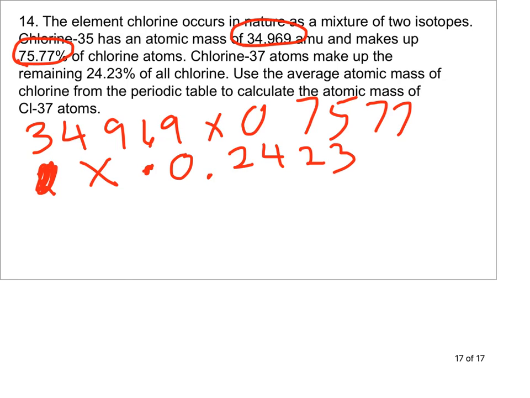We do all this from our periodic table. I find a value for chlorine of 35.453.